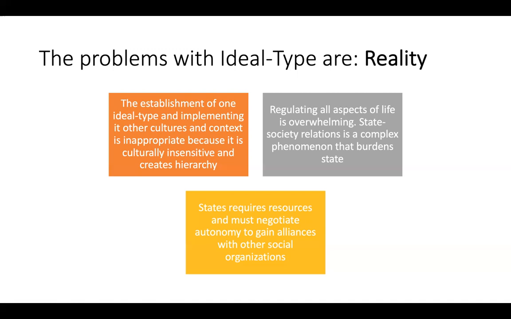In that case, the state must also acknowledge that other social organizations also have resources. They also have followers. They also have strong power, so the state must be able to give a certain level of autonomy. We provide that by creating MUI, Majelis Ulama Indonesia, or Indonesian Ulama Council.